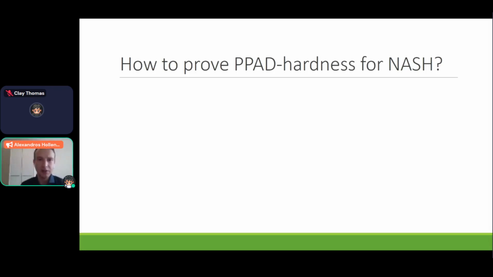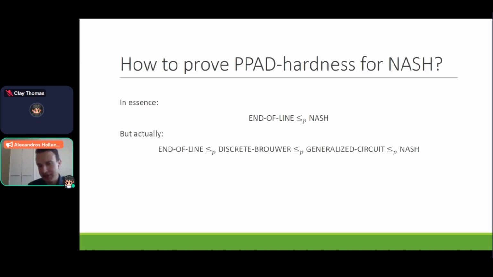Okay, so now let me talk a bit about how these reductions work in a bit more detail. In essence, we just said, in order to prove that Nash is PPAD hard, you have to reduce from End of Line. That is true in essence, but what you actually have to do is to go through quite a few intermediate steps in this reduction.